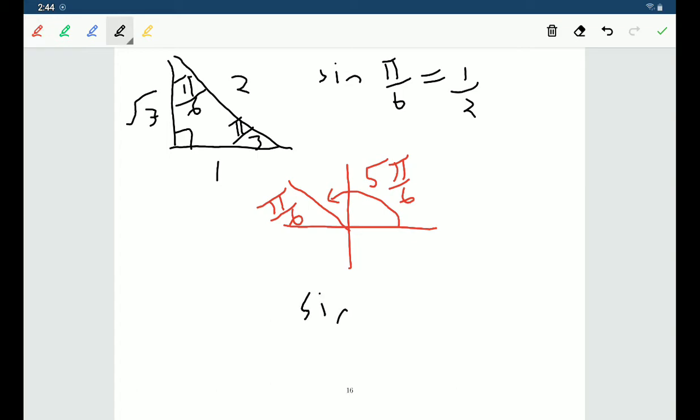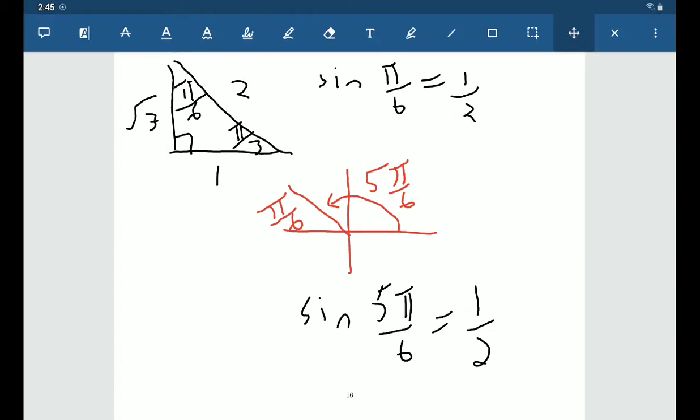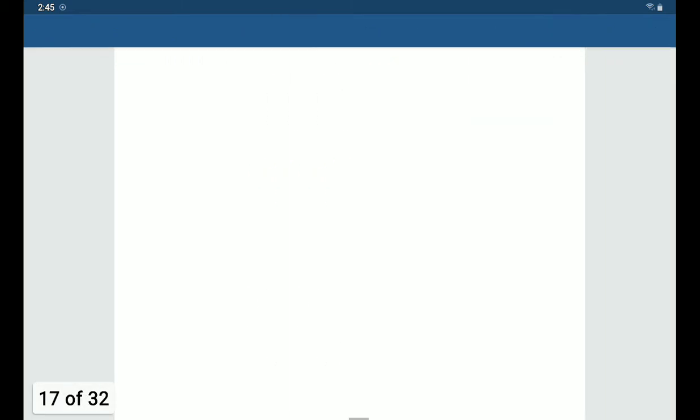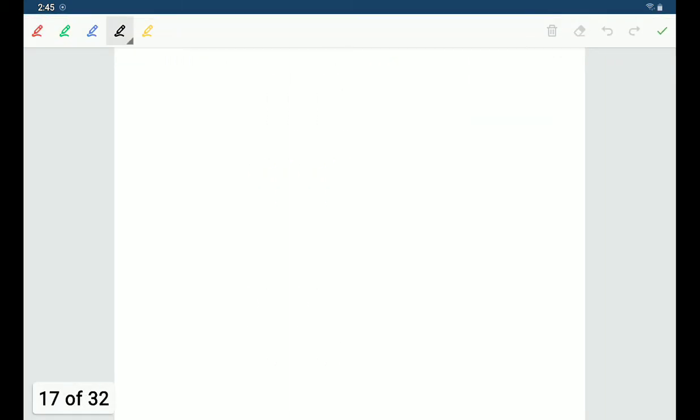So sine of 5 pi over 6 should also be equal to a half. Now, for the other 4 solutions, I'll find them by taking these 2 solutions and adding on full circles. So the value of u that I'm looking for, so far I have 2 solutions, pi over 6 and 5 pi over 6.